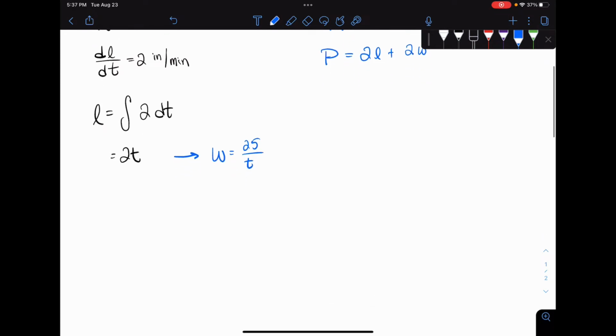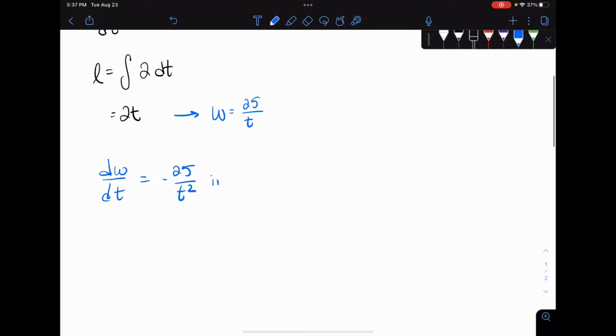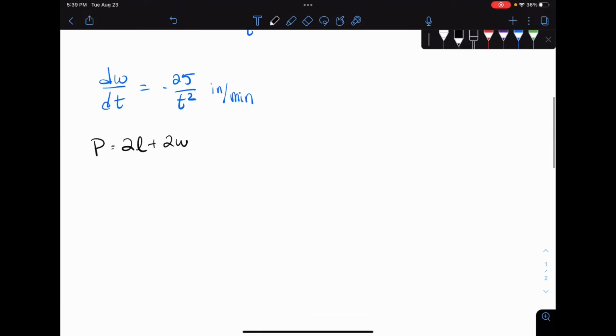From here, if you take the derivative of this, we'll have a rate of change for width equal to negative 25 over t squared, and this is in inches per minute. Then if we take our perimeter equation, P equals 2L plus 2W, we want to get our change of perimeter equation.